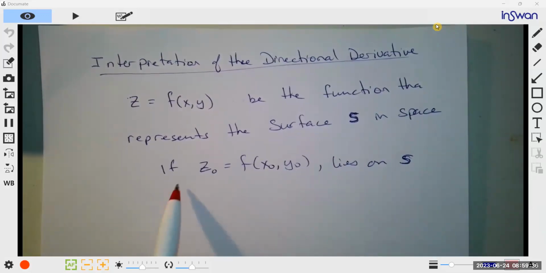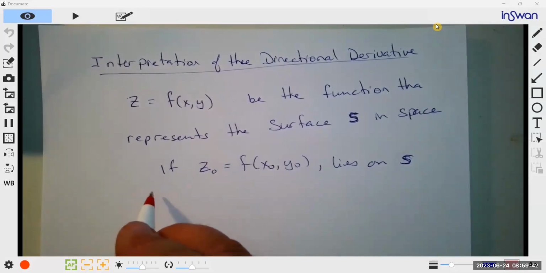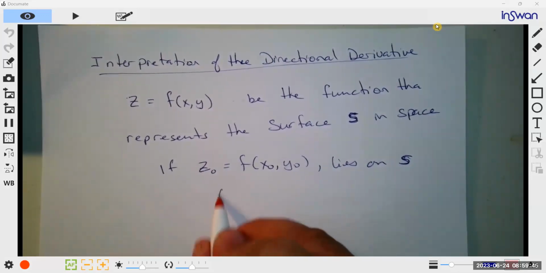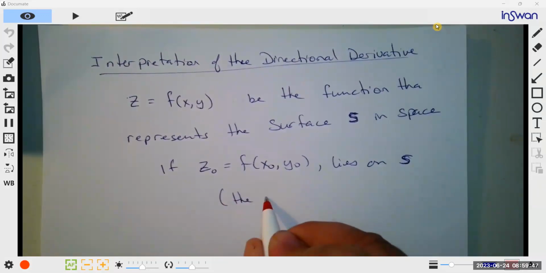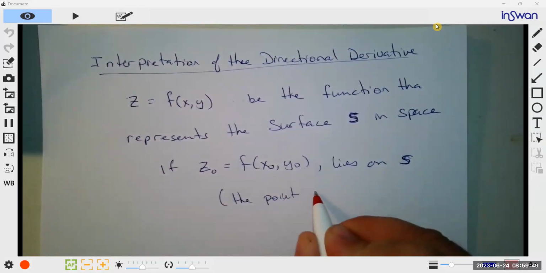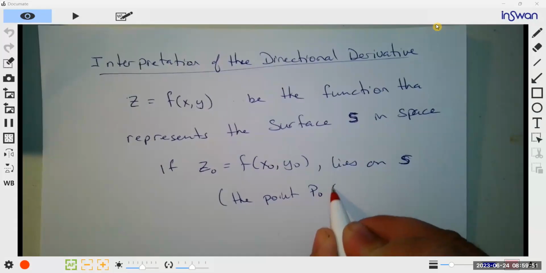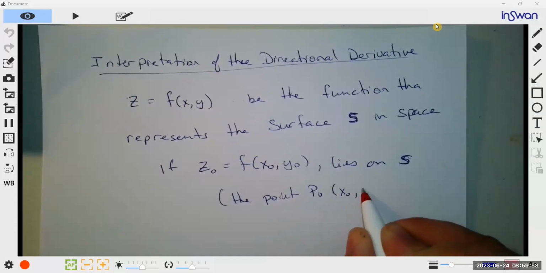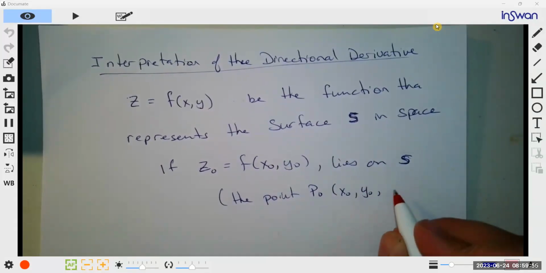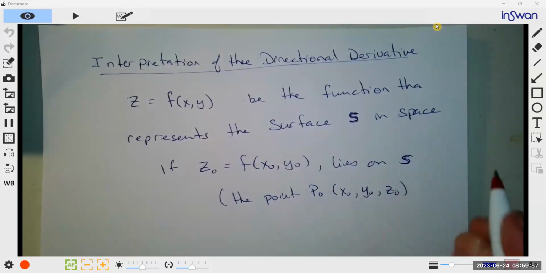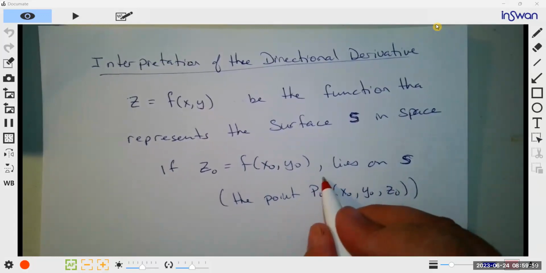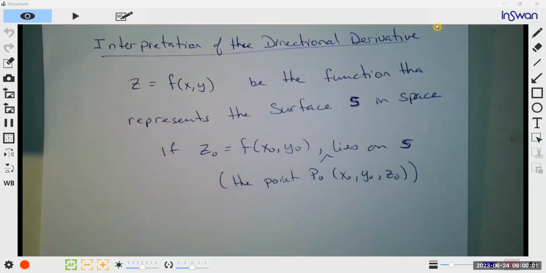So if z sub 0 lies on S, actually the point P sub 0, which is x sub 0, y sub 0, z sub 0, lies on S, because all the points make up the curve.